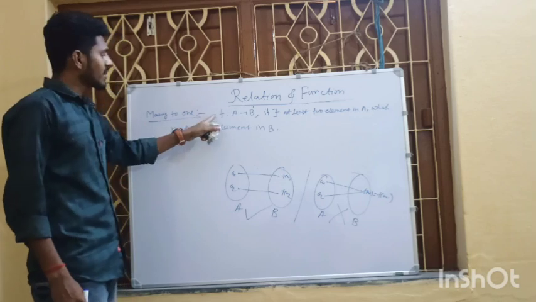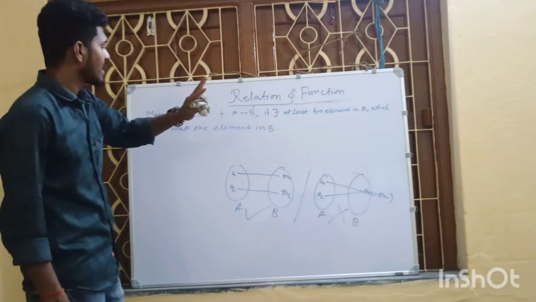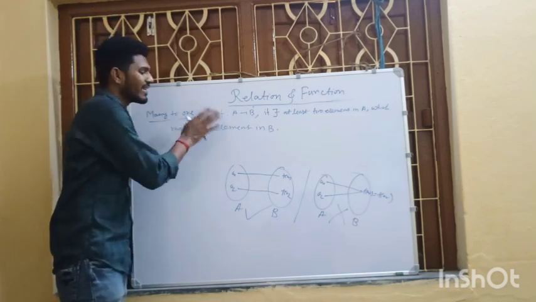That is, if f is a function from A to B, and in this set A there are at least two elements such that they map to one element in B.